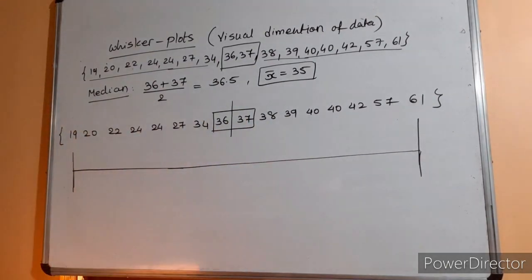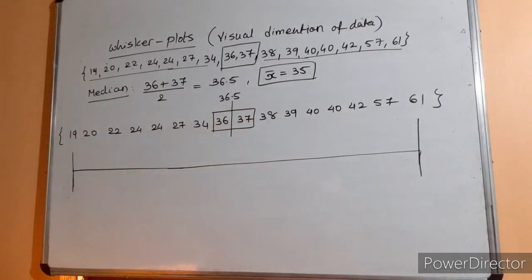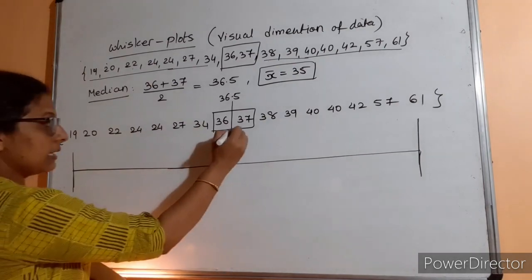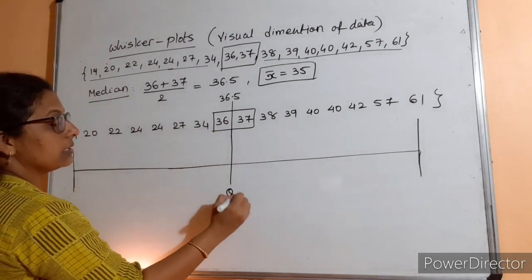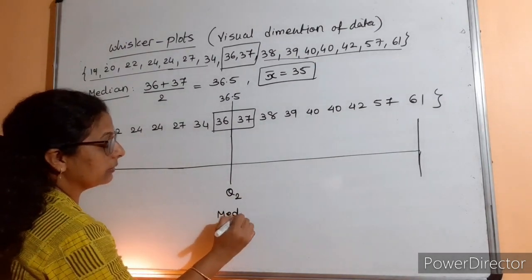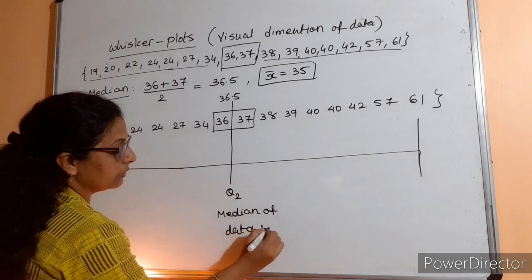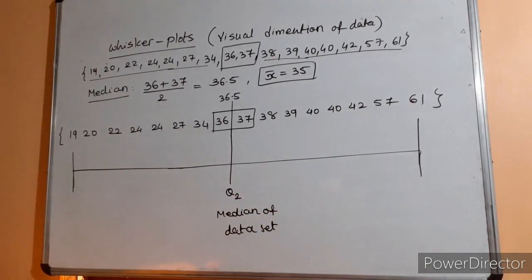This is our median, that is 36.5, which is the median of whole data. So we can say that this is Q2. We know that how to find this Q2, right? Yes. So this is Q2, that is the median of the data set, right? That is the median of the data set.